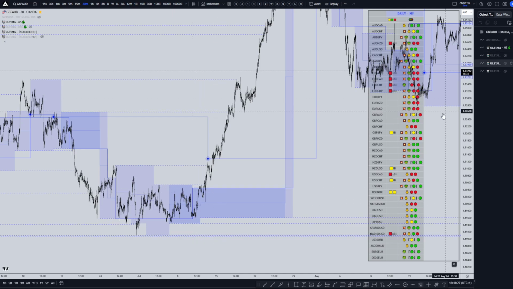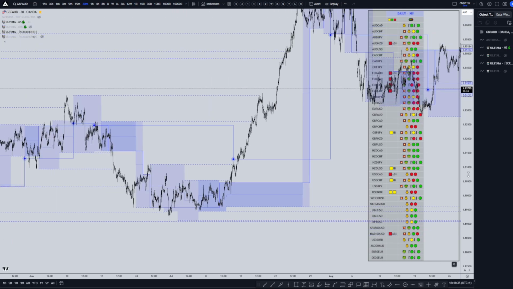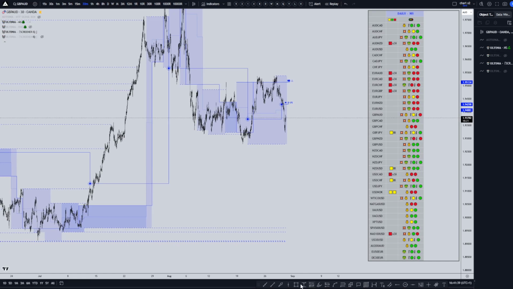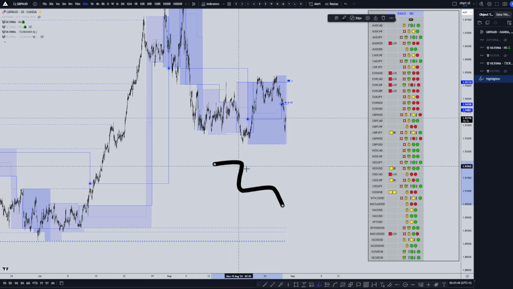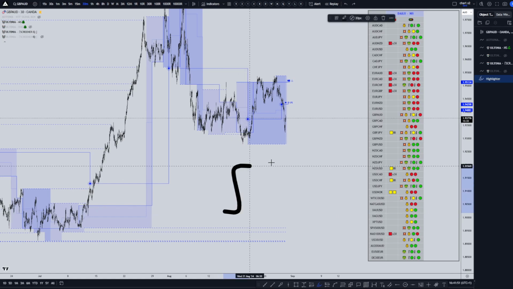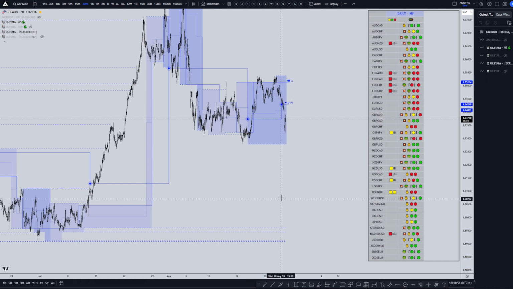So if we go back in the settings and hit expansion, now it's going to highlight whenever market structure is expanding. Expansion is the opposite of contraction, where we were making lower highs and higher lows. Expansion is completely opposite, where we make one side expanding and the other side expanding.